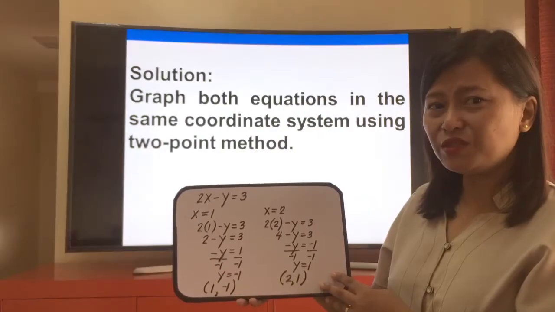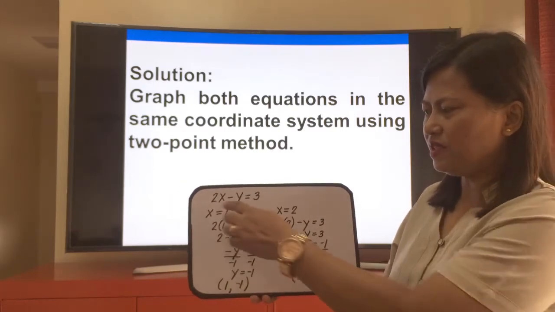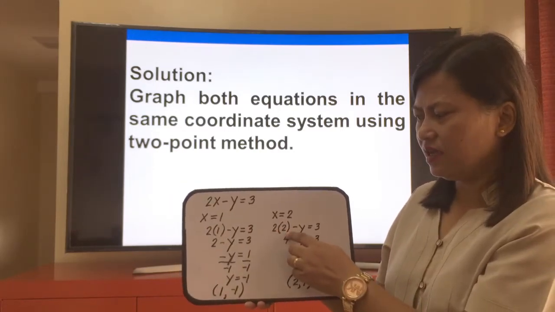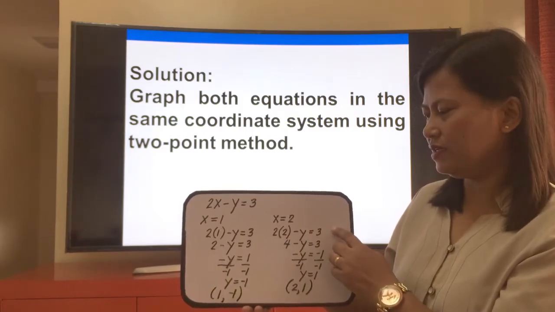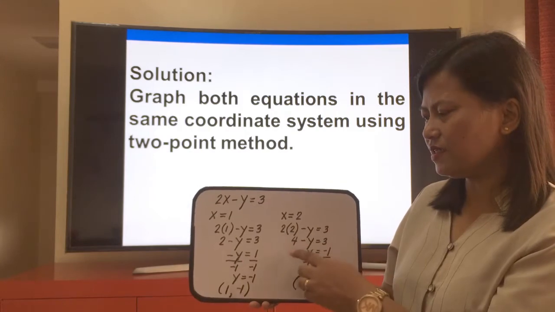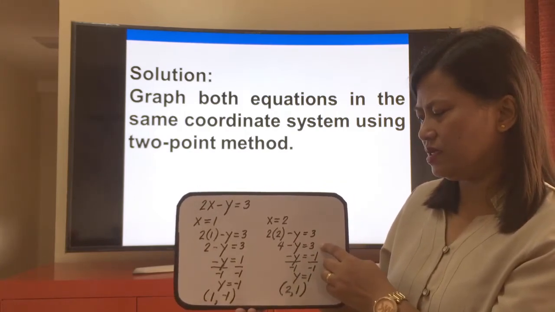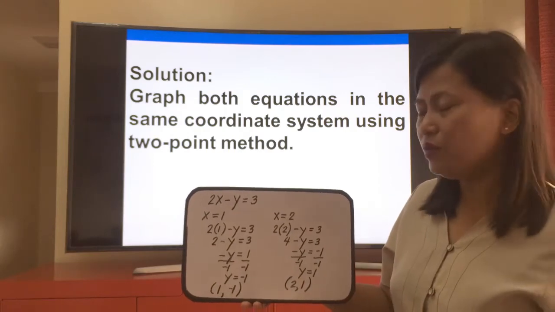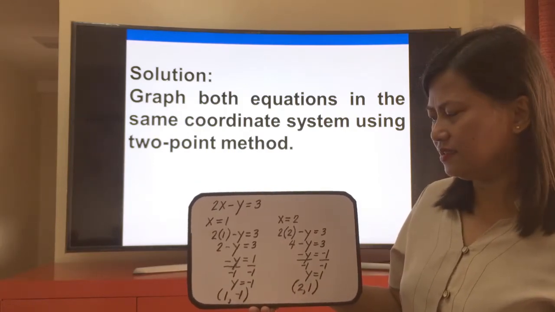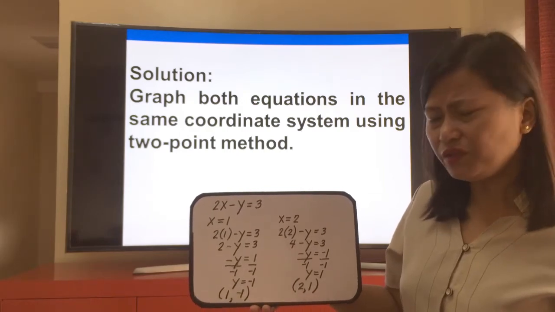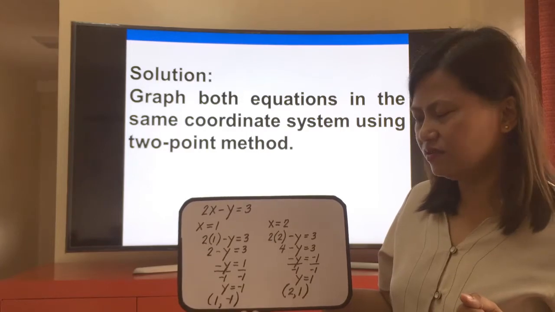So when x is 2, what is the value of y? So copy 2. Again, x is 2, minus y is equal to 3. 2 times 2 is 4, minus y is equal to 3. So again, we will apply the addition property of equality. What are we going to add to both sides of the equation?